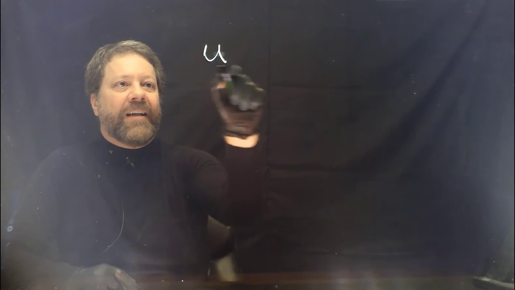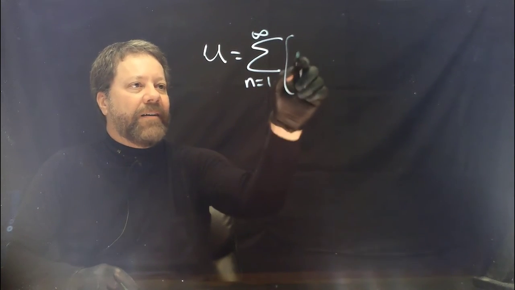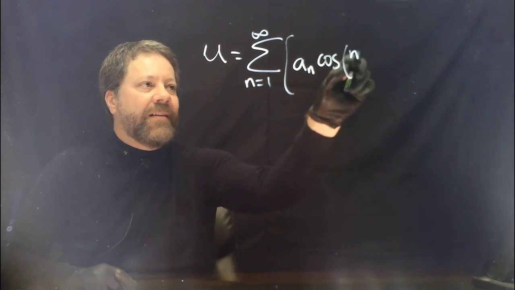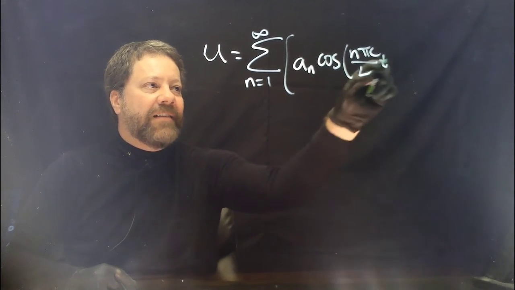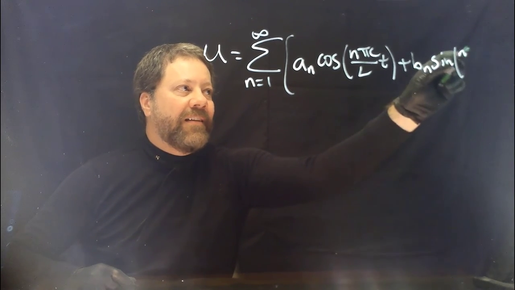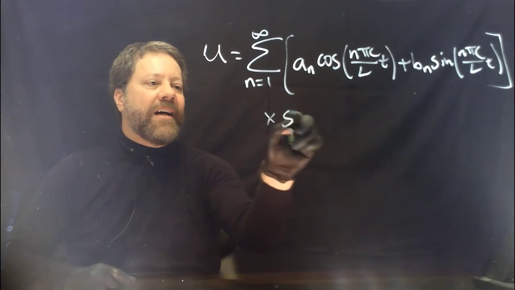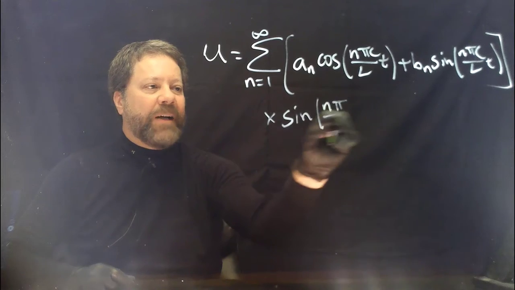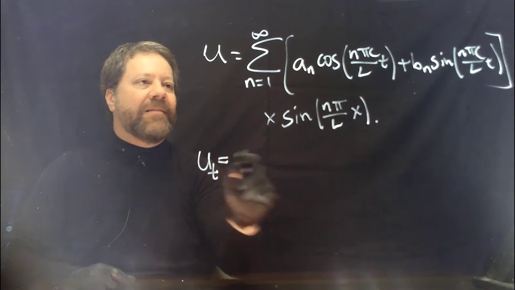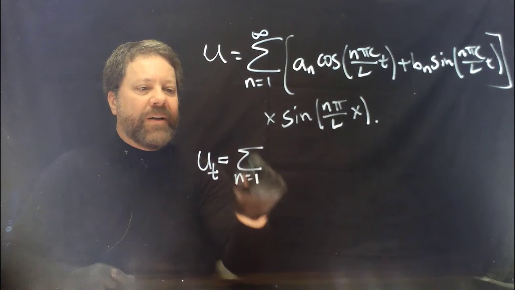If u, again, is the sum, as n goes from 1 to infinity, of an cosine n pi c over L t plus bn sine n pi c over L t, all times the sine of n pi over L x, then ut will be the sum as n goes from 1 to infinity.